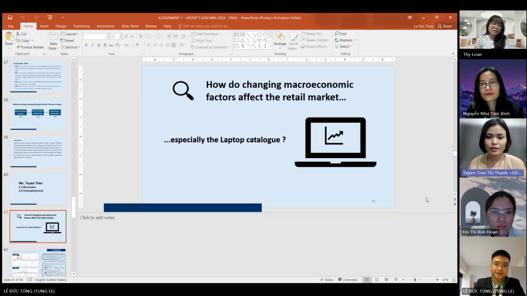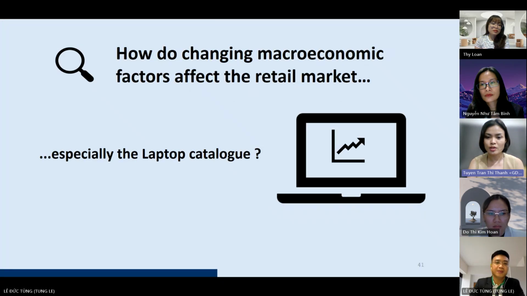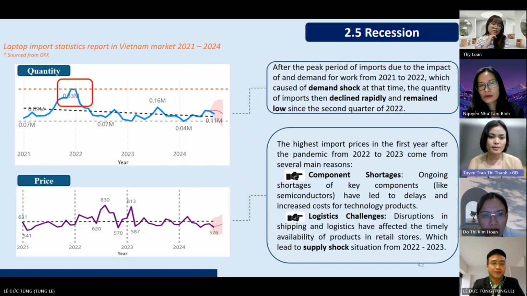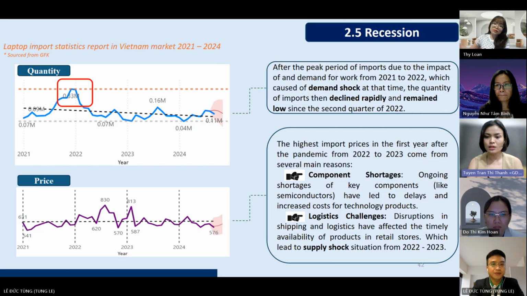Thanks, Tung. So now let's see how changing macroeconomic factors such as recession and unemployment rates will affect the retail market, especially in the laptop category. As we can see in the line chart, it is a laptop import statistics report in the Vietnam market from 2021 to 2024.